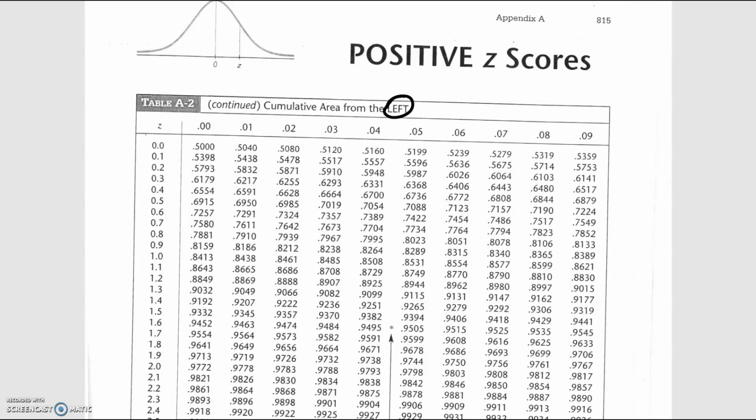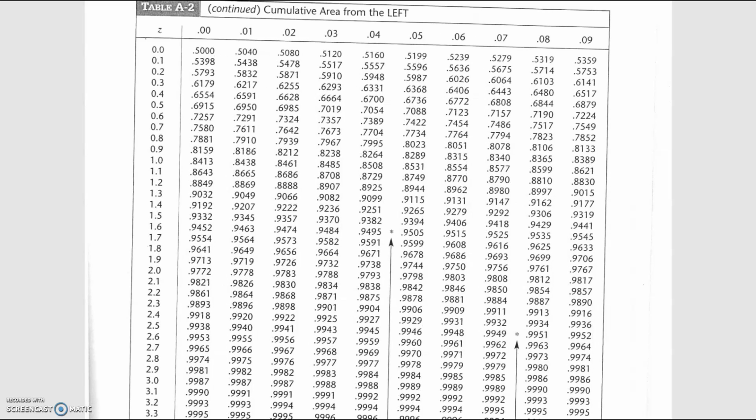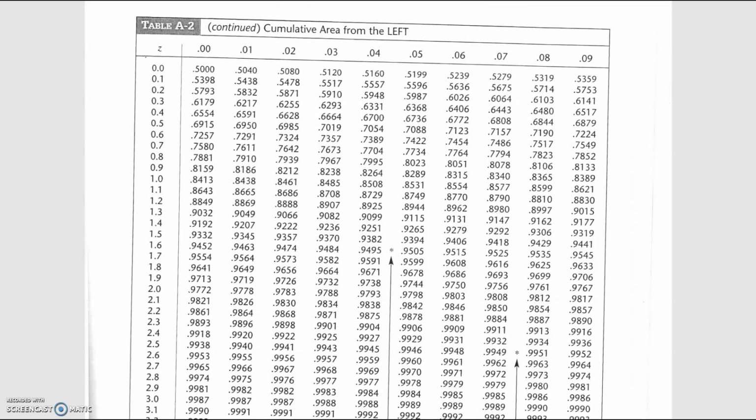Okay, so somewhere in here is 0.97. So get as close to that number as you possibly can. And it looks like that's going to be about right here, 0.9699. That is as close as I'm going to get to 0.97.